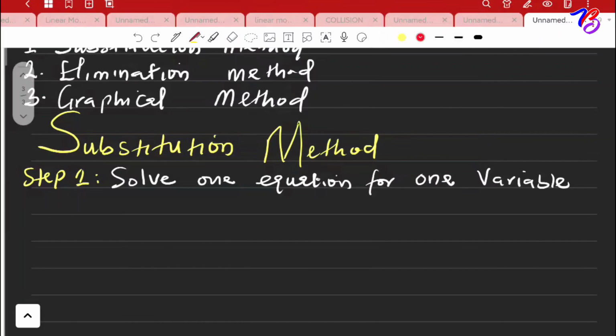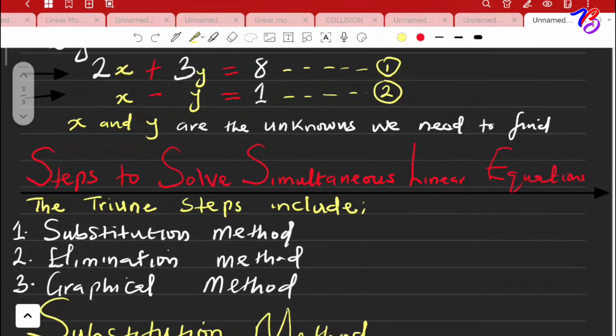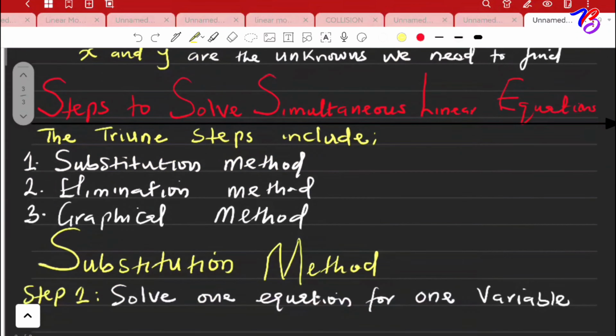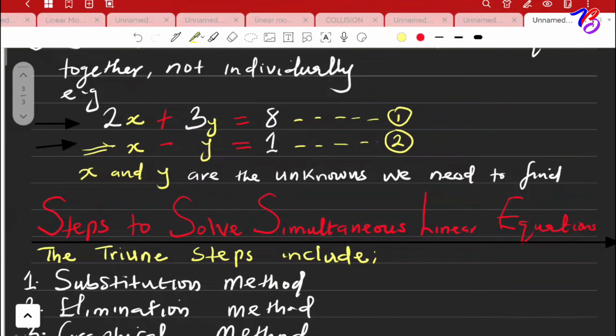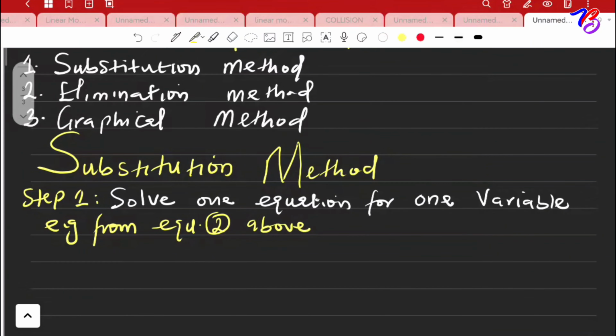If you are solving for x, solve for x, but pick only one equation. For example, let's pick equation 2 from above. From equation 2, what do we have? We have x minus y is equal to 1.